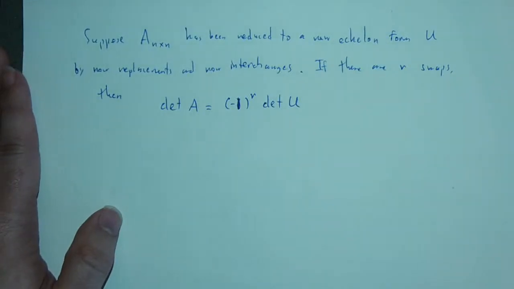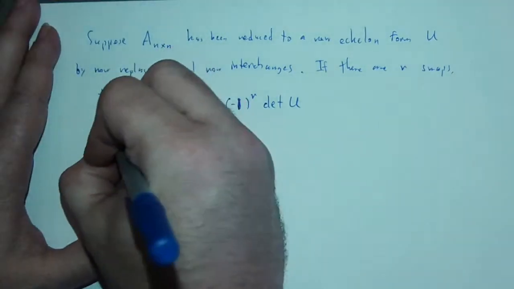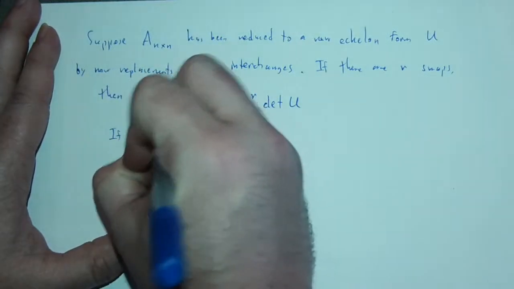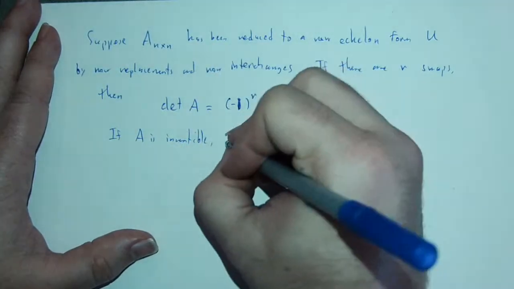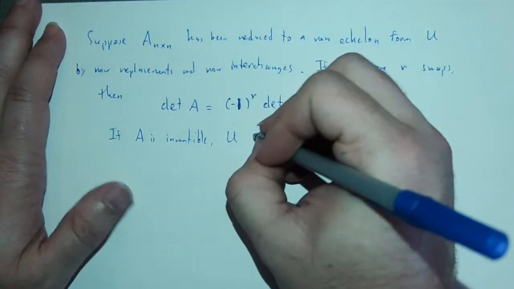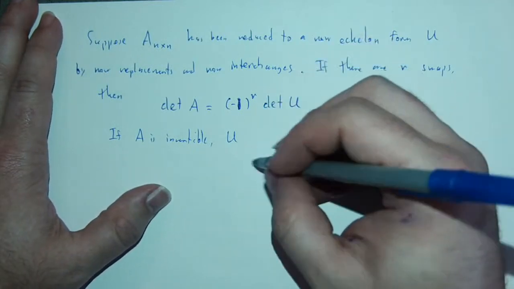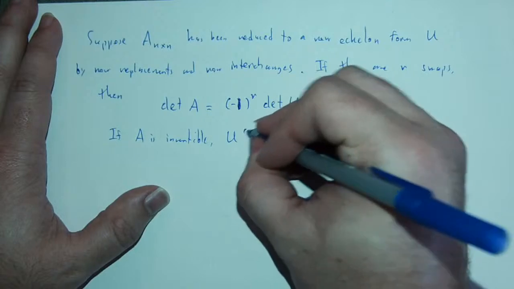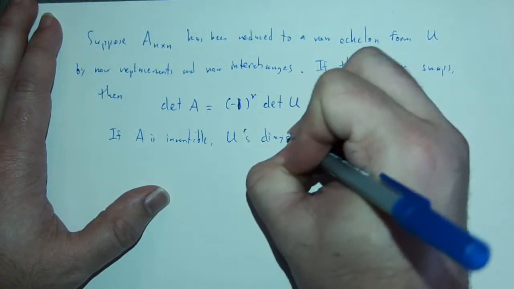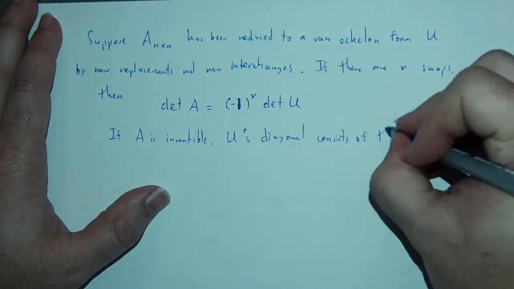But what does this mean? If A is invertible, U's diagonal consists of the pivots.